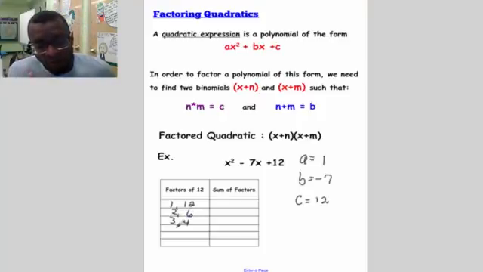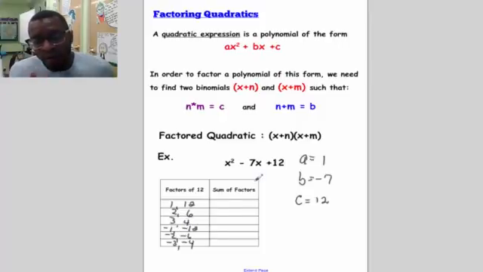So in the bottom 3 rows, we're going to take the negatives of the first 3 rows: negative 1 and negative 12, negative 2 and negative 6, and negative 3 and negative 4. All of these factor pairs will give me a product of 12.